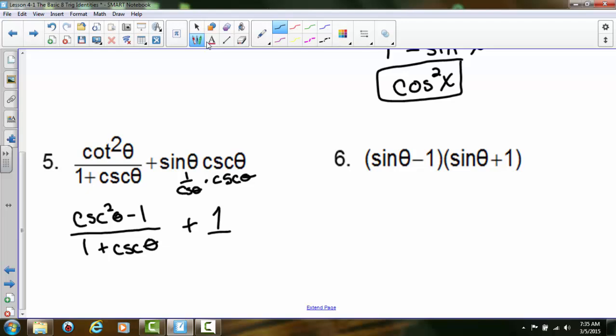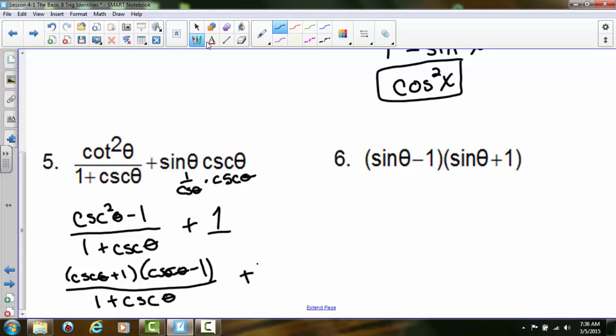Well, remember on the front page it said that identity a squared minus b squared equals a plus b times a minus b. Well, here's my cosecant would be my a, 1 would be my b, so I could rewrite this as cosecant theta plus 1 and cosecant theta minus 1 all over 1 plus cosecant theta. And then I still have my plus 1 out here.